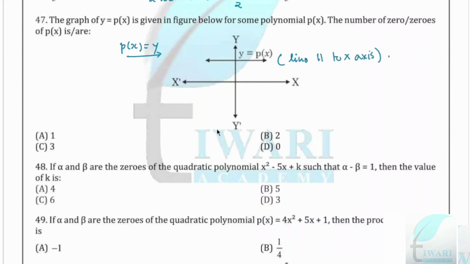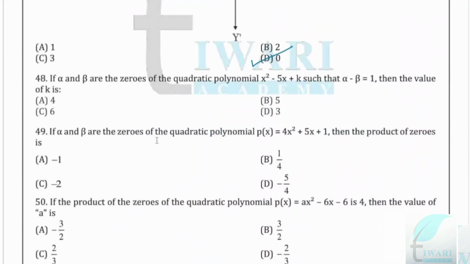So this line will never meet or intersect the x axis. So they don't have any solution or any number of zeros. So option D is the right answer.